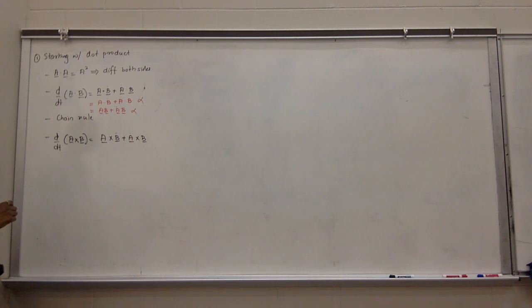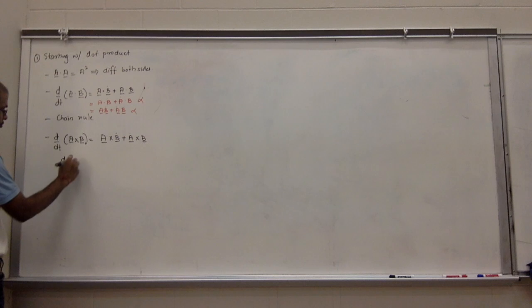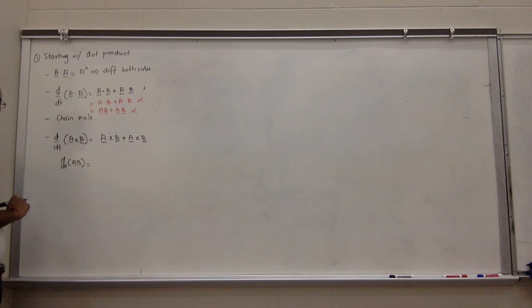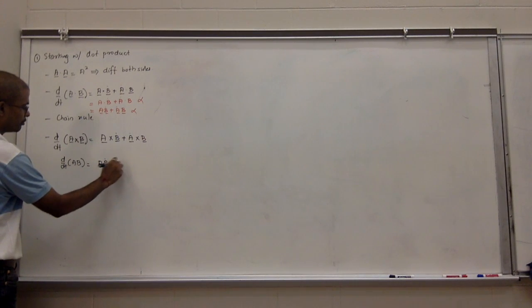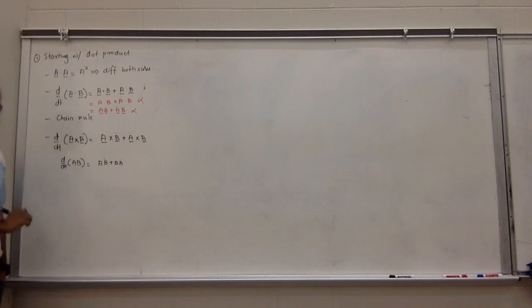This is the derivative of the cross product. Look at how this is different. This is how you remember this. How do you define the derivative of a product of two scalar quantities? The definition is A B dot plus B A dot.